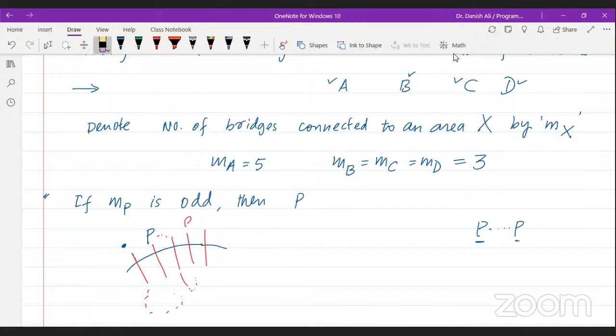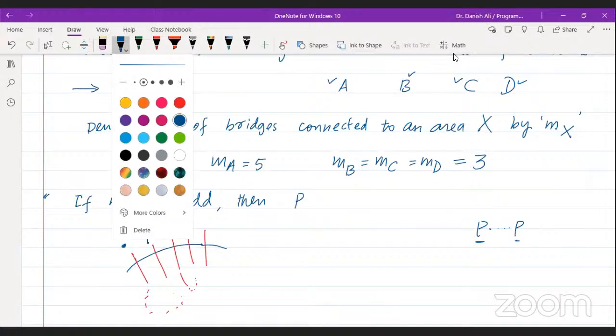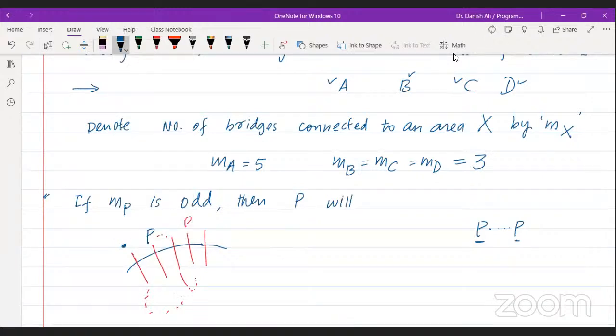So generally, how will you represent this? If, for example, MP is odd, then P appears how many times in the string? Not minus 1, but MP plus 1 divided by 2.